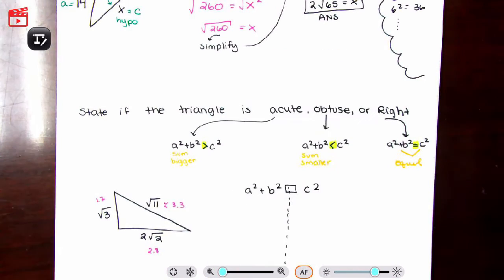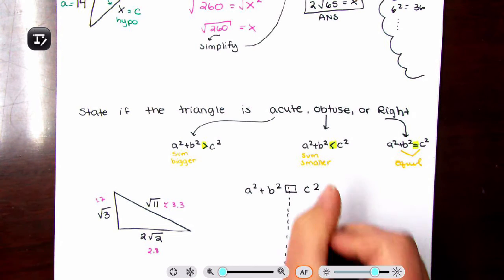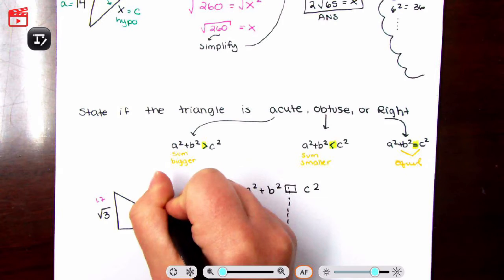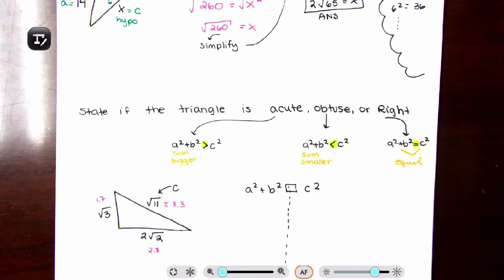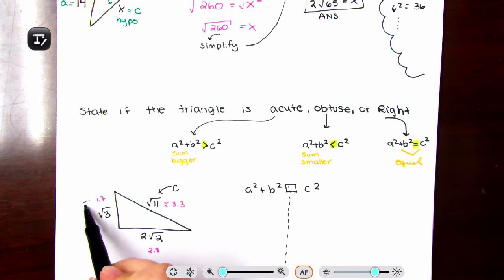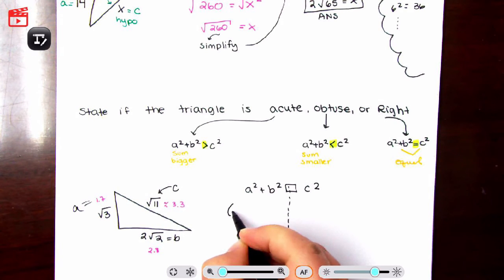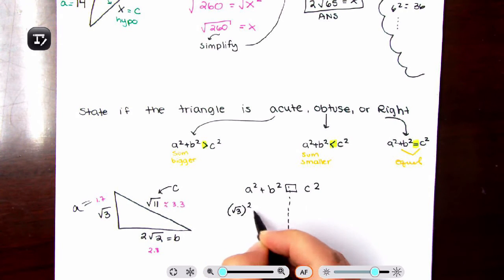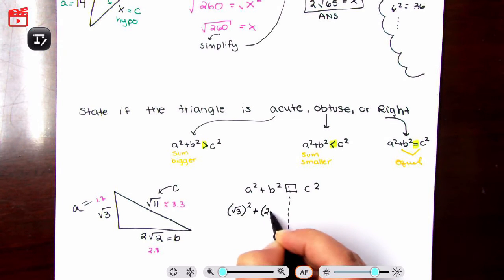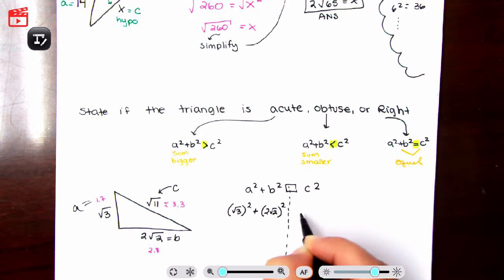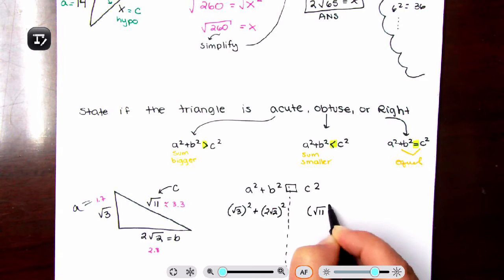So what that means is square root of 11 is my longest side. So that's going to be my C. Now A and B, again, doesn't really matter. So let's just make this A and make this B. A is square root of 3 squared, plus B is 2 times the square root of 2 squared, and C is the square root of 11 squared.